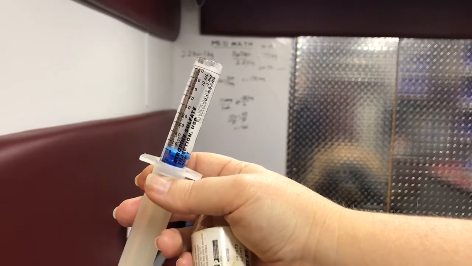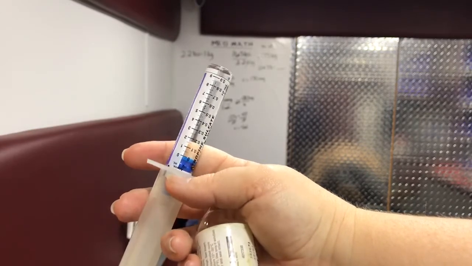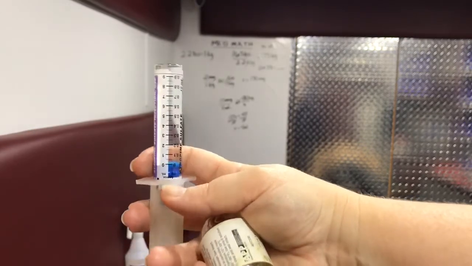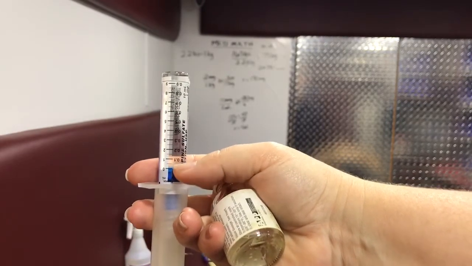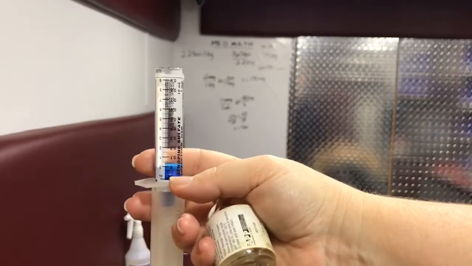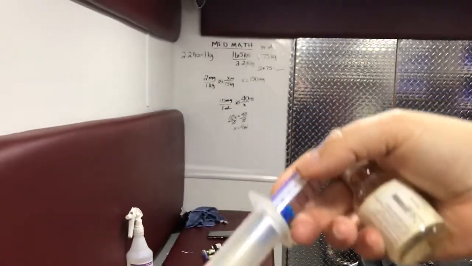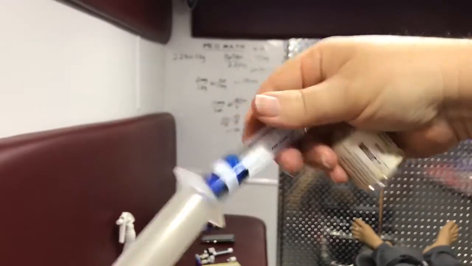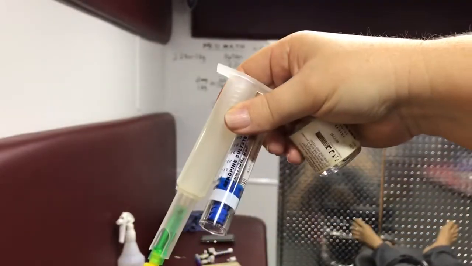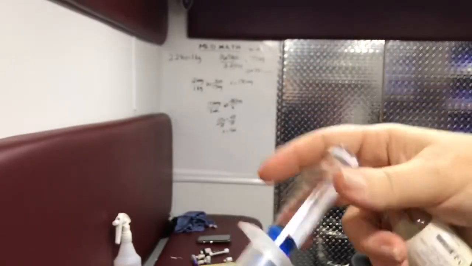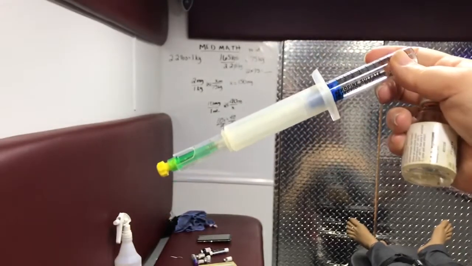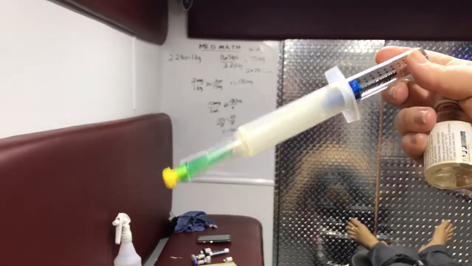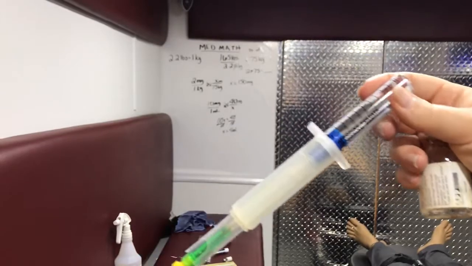And this one has the markings on it. And when you're giving these syringes, the top of the blue is going to be where your start line is. And so this comes in those purple boxes, and they normally come like this. There's caps. You just take the caps off, twist them together, and then now you have your atropine ready to go.